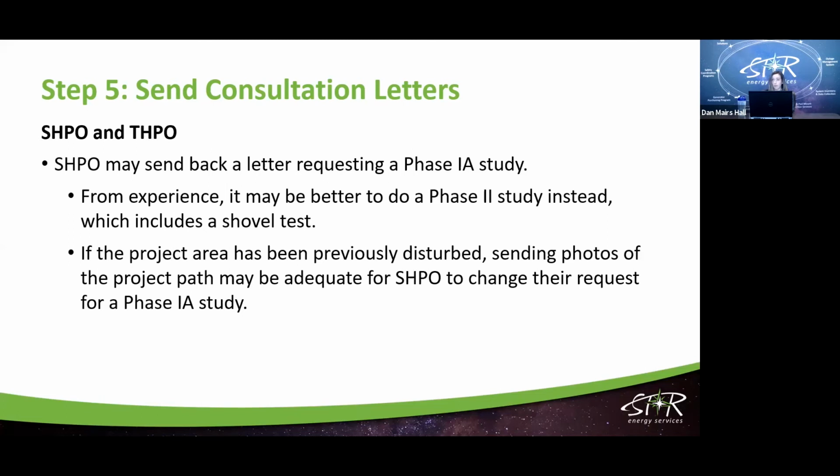So if there's no street views available, which we've all found can be an issue, we might ask that the co-op go out and snap some photos for us of the sites or the project path. So just know that could be a request that we send your way.